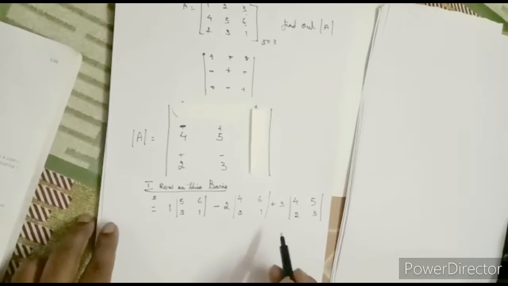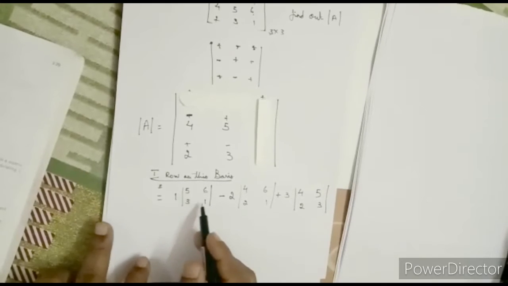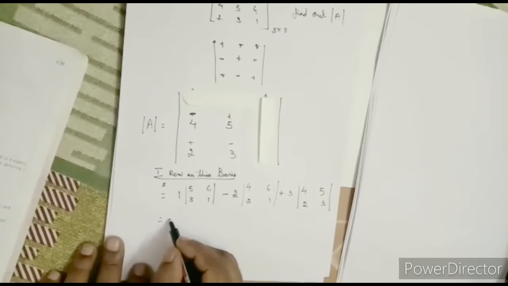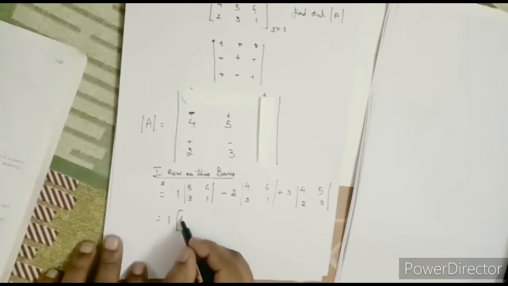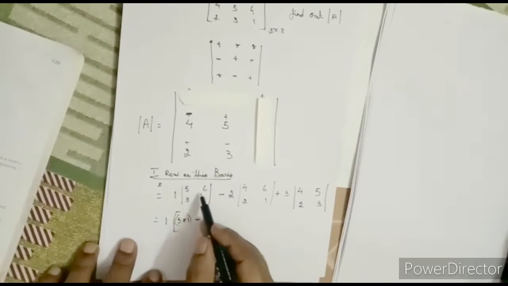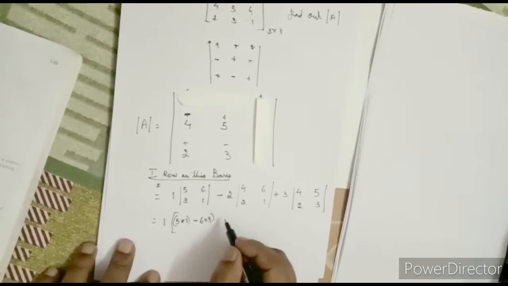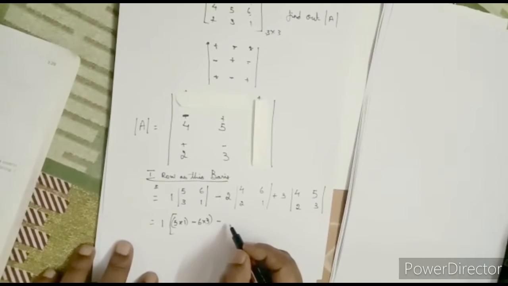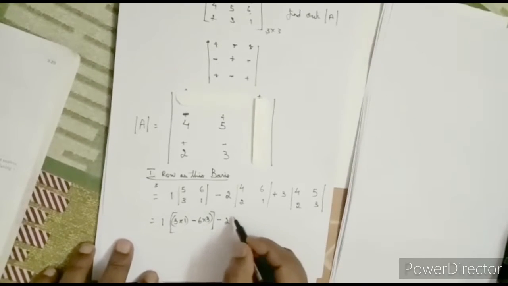So now what we should do is, we need to cross multiply this. To cross multiply, let us start with 1. So 5 into 1 minus 6 into 3, then minus 2.